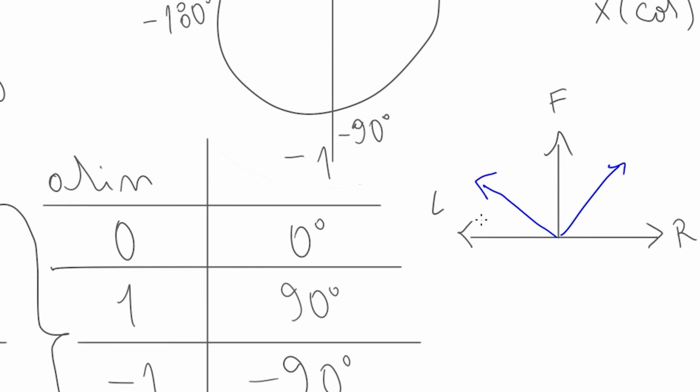Okay, so we have these directions, and when the angle is greater than 90 degrees, it will simply come back to those directions. Like when it's 180 here, it will just come here to 0.